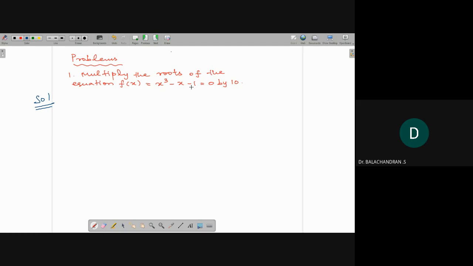So for this, first you should take the given equation. What is the given equation? f of x is equal to x cube minus x minus 1 equal to 0. So let us take y equal to what? Actually, if you find out the relation, you will find out the final answer.